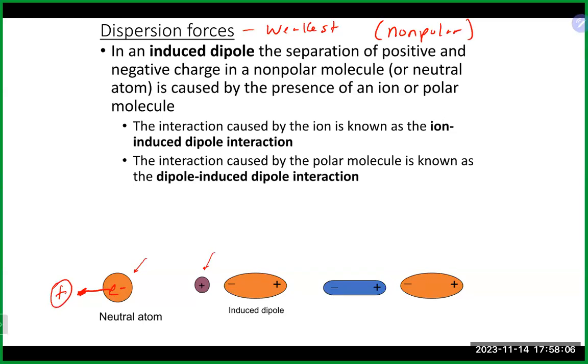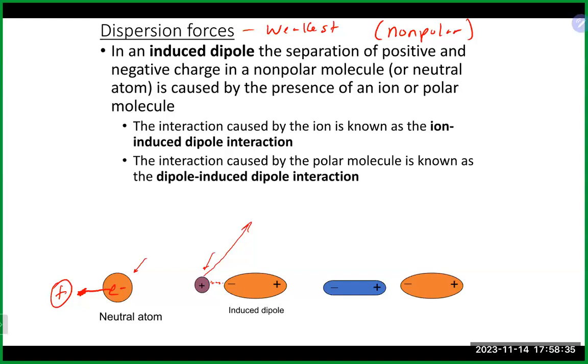So now this nonpolar molecule, which normally does not have any separation of charge, will temporarily gain a separation of charge and have a negative side and a positive side. That gives it a way to interact with that ion. But if that ion just moves away, the molecule goes back to its normal distribution of electrons, and it's no longer going to have that charge.